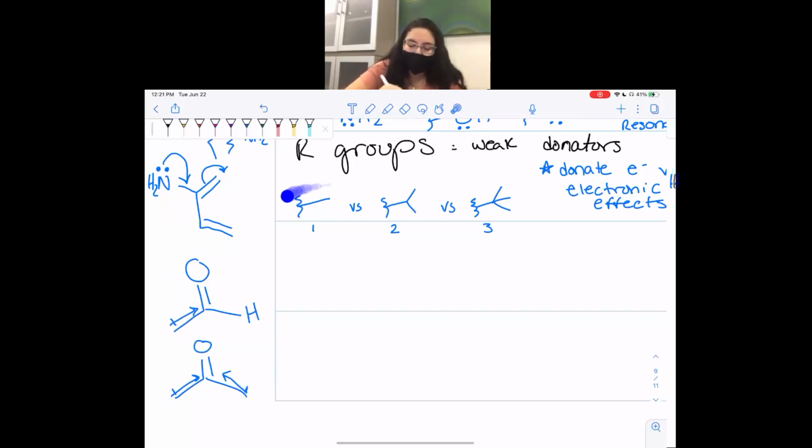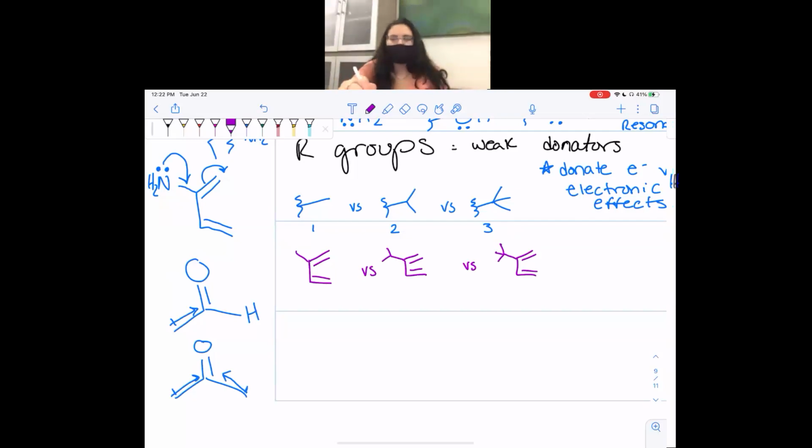And so here, let's say we actually draw out the diene so it gives you a better visual. We have a methyl versus this versus a tert-butyl, right? And when we look at it this way, I'll draw it in black just to give it some contrast. We have 1 donation.